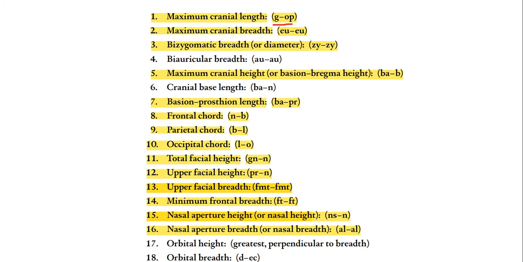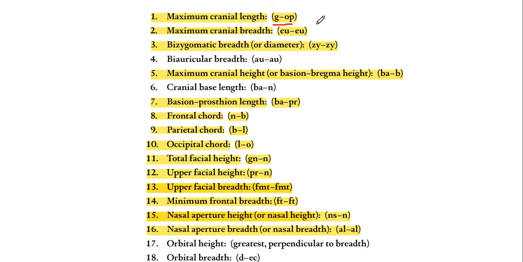Now, remember, in every measurement that we are mentioning or defining, because it's associated with the skull, unless a landmark at the base is used, you have to mention that every measurement is taken only when the head or the skull is oriented in the mid-sagittal plane, in the Frankfurt horizontal plane, the eye-ear plane, right?